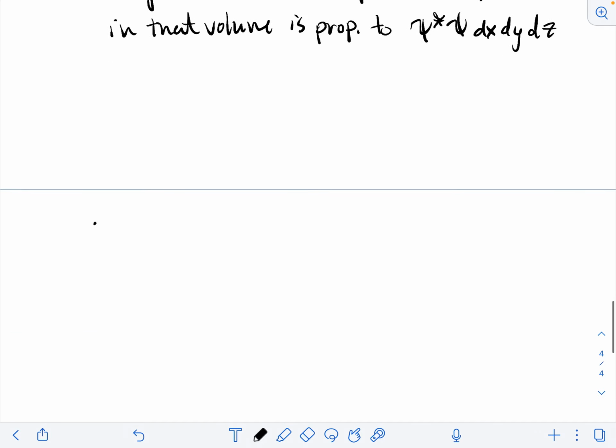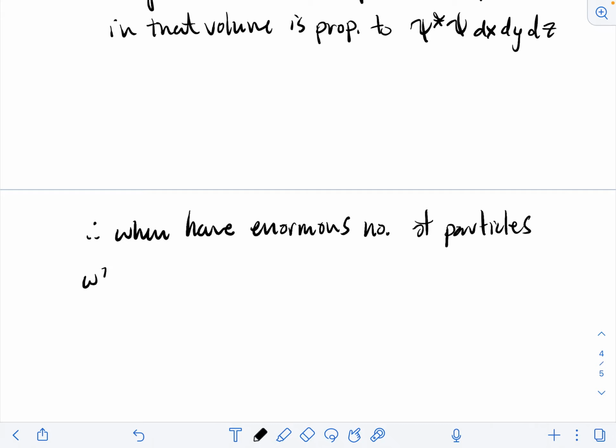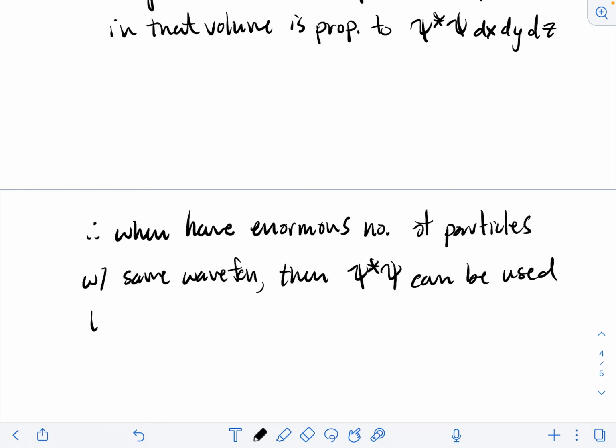So therefore, when we have an enormous or macroscopic number of particles with the same wave function, then the square of the wave function can be used to describe the density of particles.